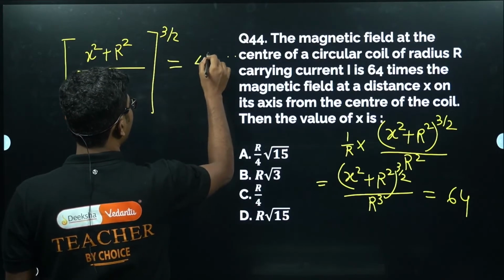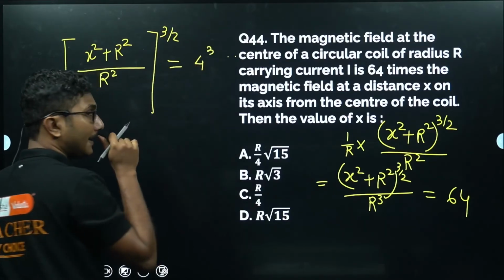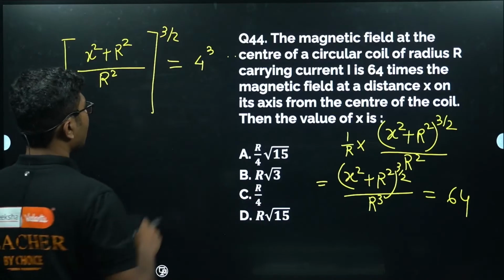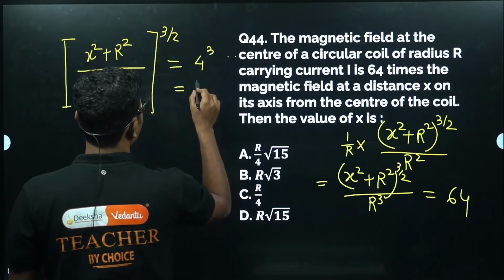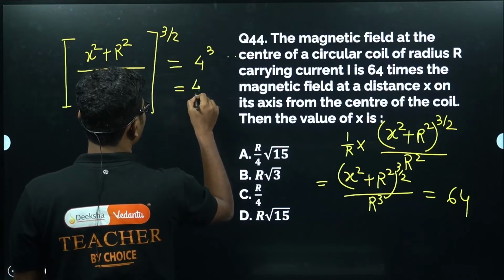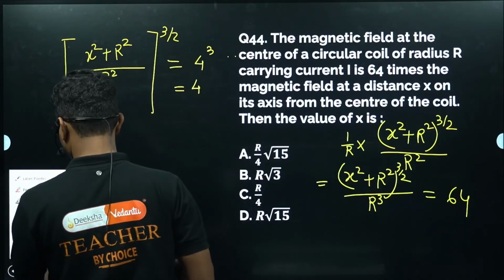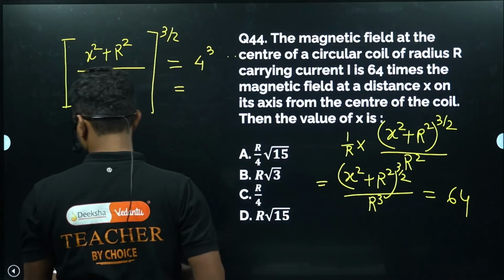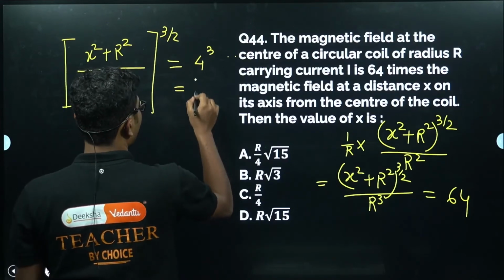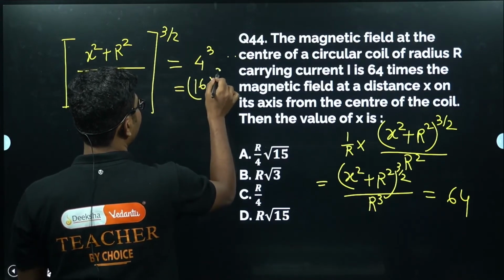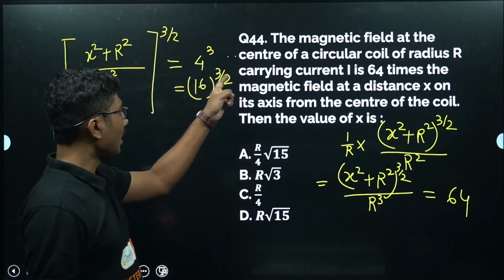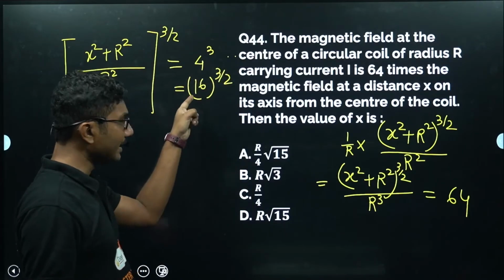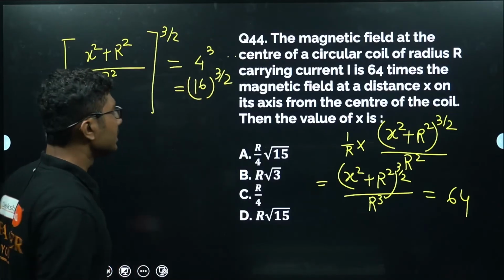64 means 4 cube, right. Now, we can also write this as 16 to the power 3 by 2. Why? We have done a square root of a number, so we have to square it inside, right. This is a trick.